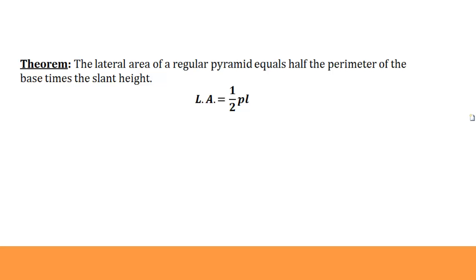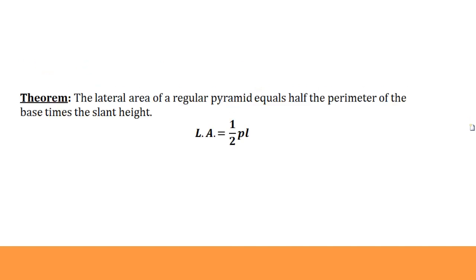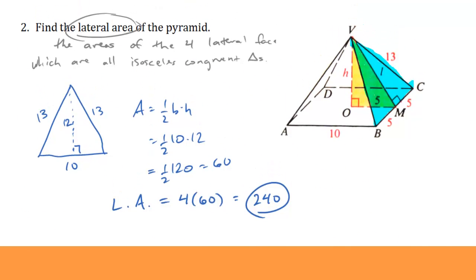So, in this example up here, the perimeter of the base is 4 times 10. It's a square. Each side is 10, so there are 4 of them, so the perimeter is 40. And then the slant height, L, was 12. So the lateral area would be 1/2 of P times L, which is 1/2 of 40 times 12.